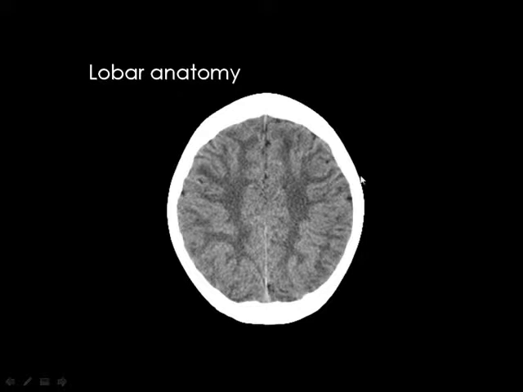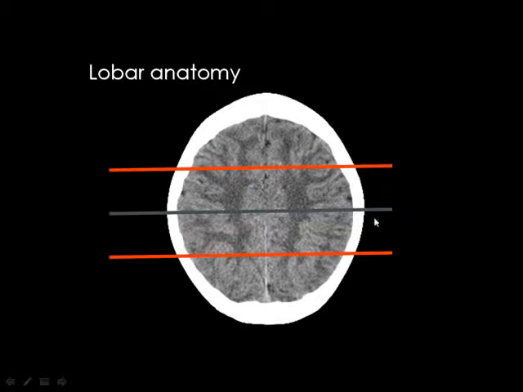Then, if you would like to locate the lesion in this section and you don't have the ventricles to draw lines, then you should have three lines, dividing this section into four parts. The first part will belong to the frontal lobe, but the last one will not belong to the occipital lobe, because the occipital lobe is very small and it finishes in the lower sections.